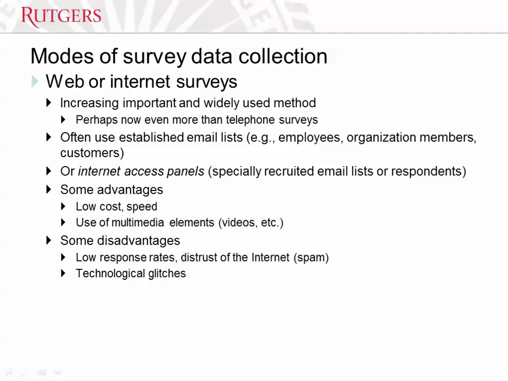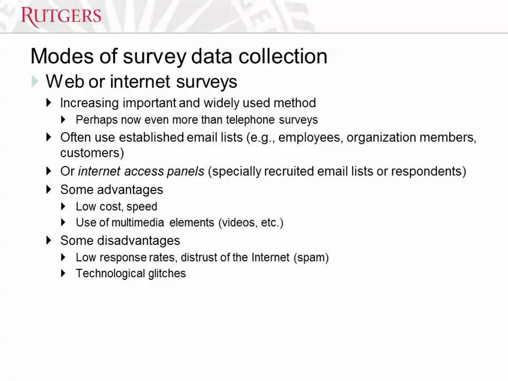If it's a general population, or if you don't have people's email addresses, then people have experimented with what are called internet access panels, which is when you recruit people possibly through the telephone or through mail or through handouts or through pop-up kind of ads and intercept ads on web searches. You recruit them into a panel.